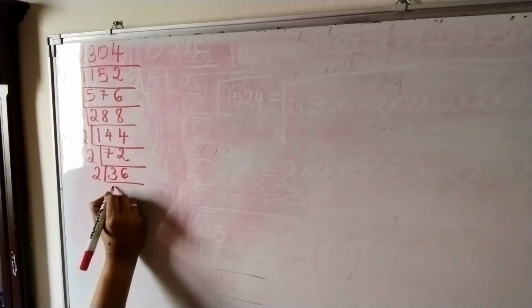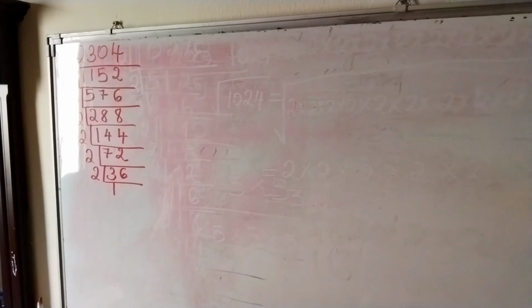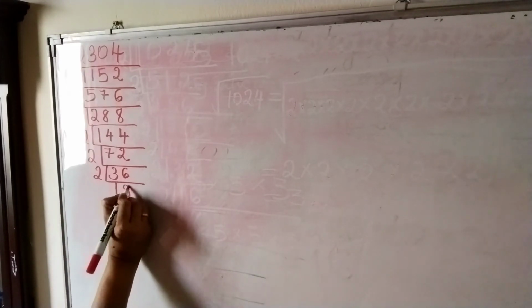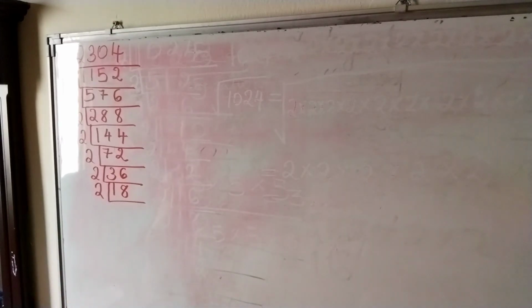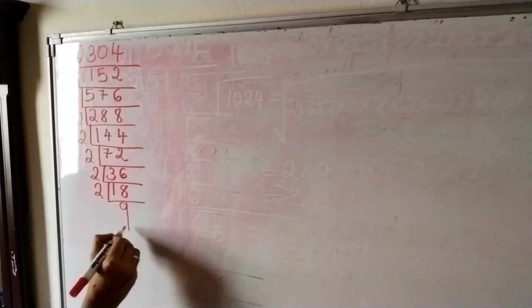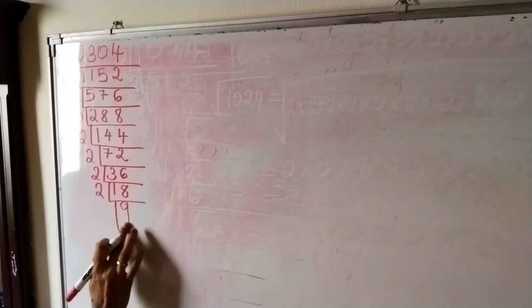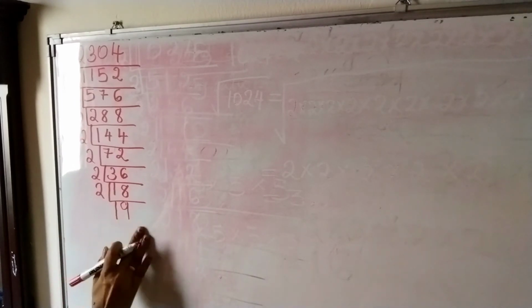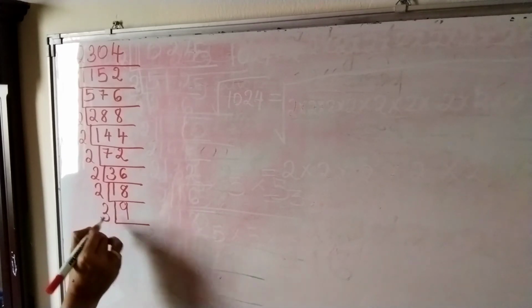Only 1 time. 3 minus 2 is equal to 1. Then 16. 2 8s are 16. Again 2 will go. 2 9s are 18. Then the last one is 9. How many times? 3. 3 3s are 9.